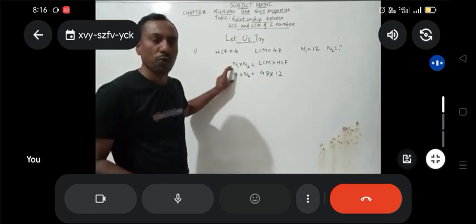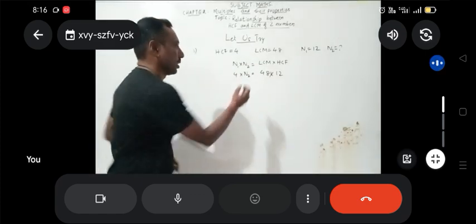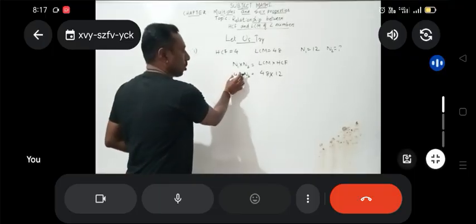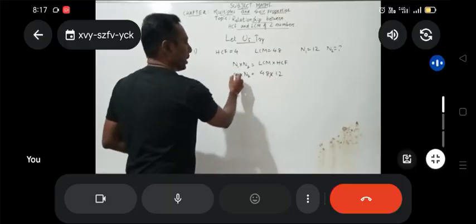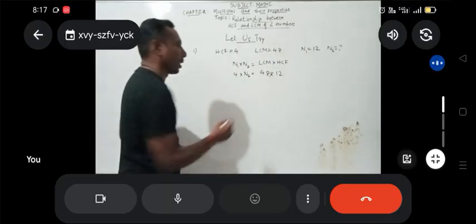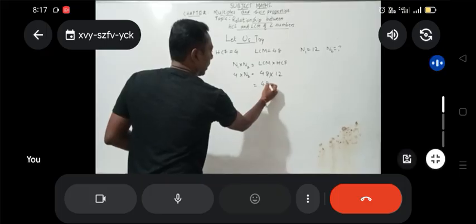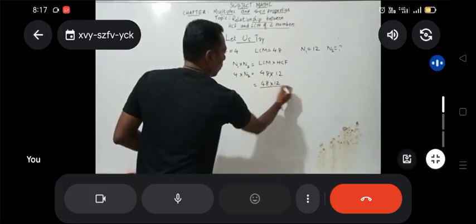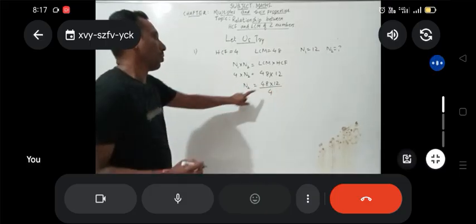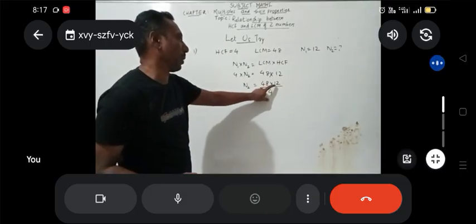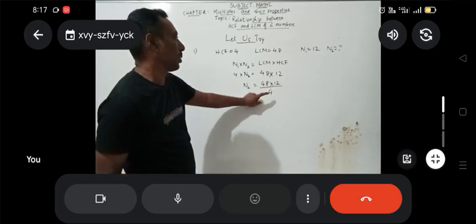You transfer 12 to the right hand side, so it will come to the denominator.